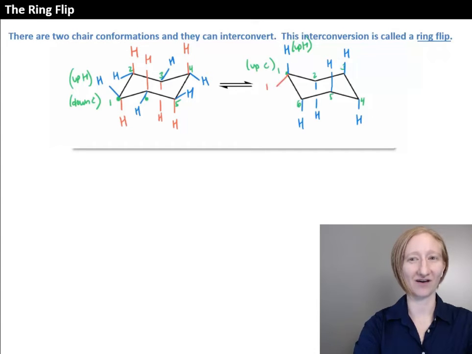So we can see here that on carbon 3, for example, the blue hydrogen was up, it was equatorial and up, and then when the ring flipped, on carbon 3, the blue hydrogen is still up, but now it's axial and up. You can check that for each hydrogen in the structure. The up hydrogens stay up and the down hydrogens stay down.